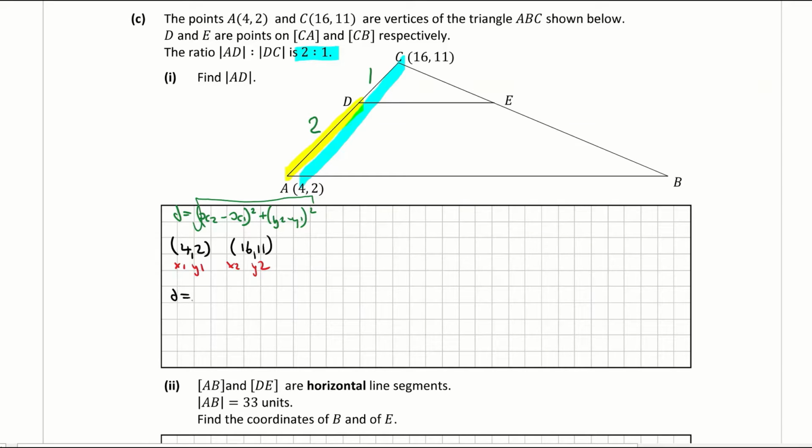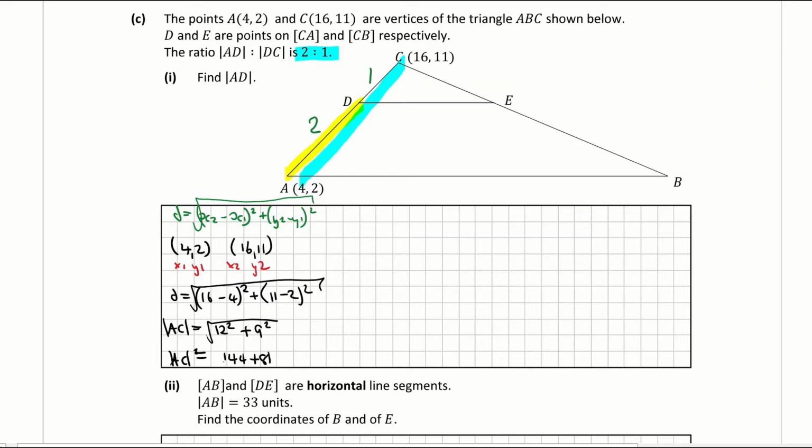So the distance between A and C is x2, which is 16, minus x1, which is 4, squaring that, plus y2 minus y1, squaring that, and then getting the square root of that value. So my distance from A to C is 12 squared plus 9 squared, which is giving me 144, isn't it?